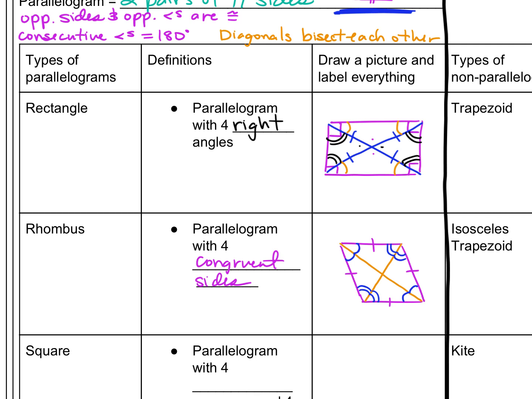There was one other theorem with rhombuses. Perpendicular. The diagonals are perpendicular, right? So that means that 90, 90, 90, and 90.